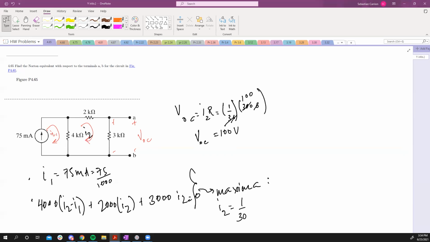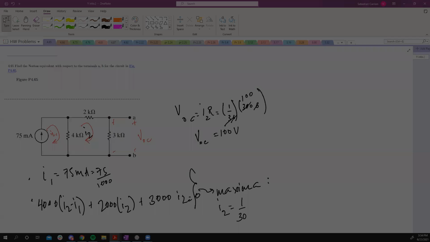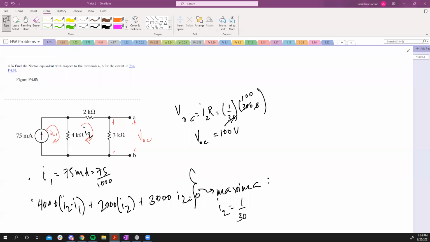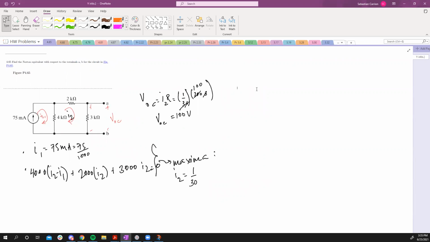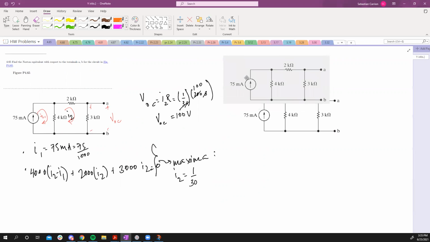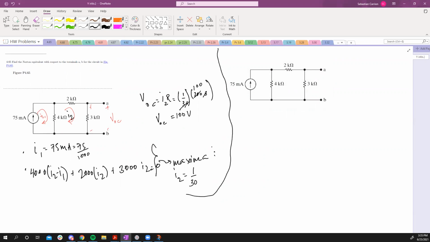So I'm going to copy and paste the same image. So here now I'm going to find my I short circuit, right?